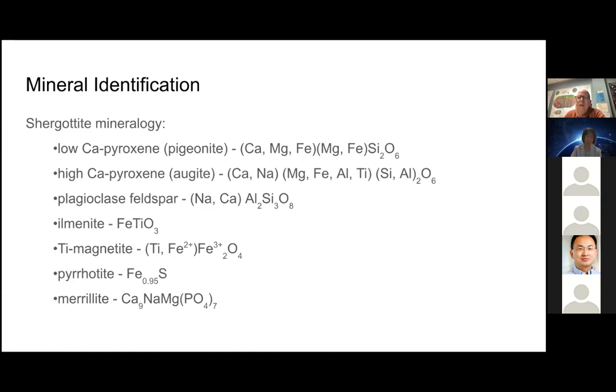Now, it's really important when we're performing these analyses and making these maps that we understand something about the minerals that we expect to find within the rock. That allows us to choose a suite of elements that's representative of most of the minerals that we expect to find in the rock.